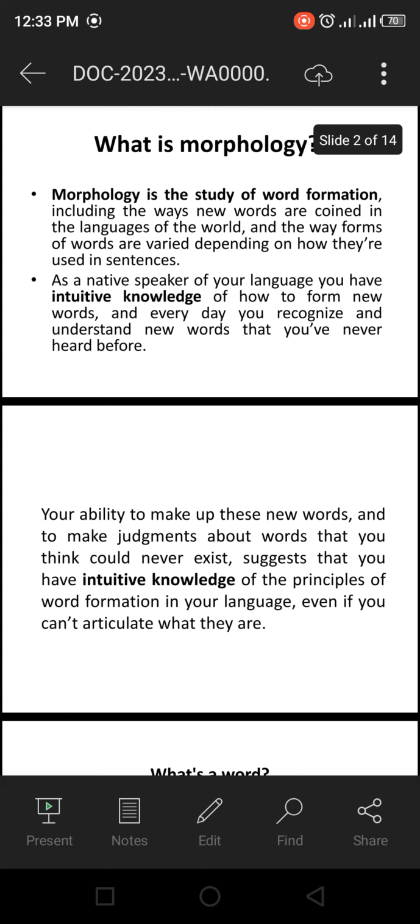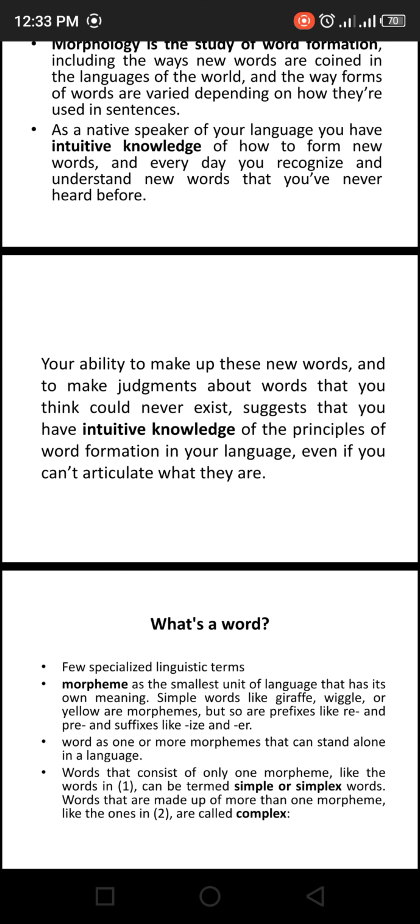As a native speaker of your language, you have the intuitive knowledge of your language. That is, whether or not you know the grammar of your language, you can pass judgment on whether some words or some sentences are correct or incorrect.